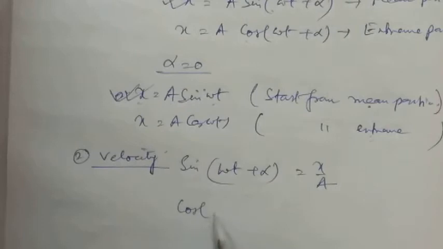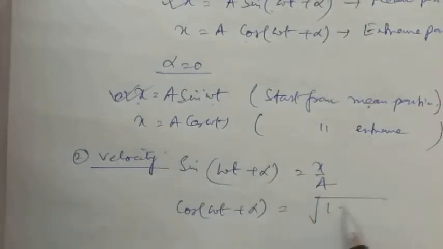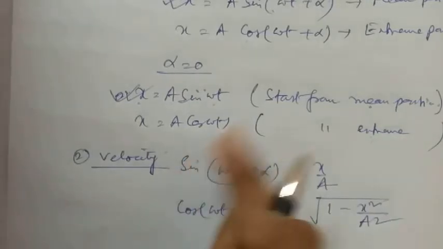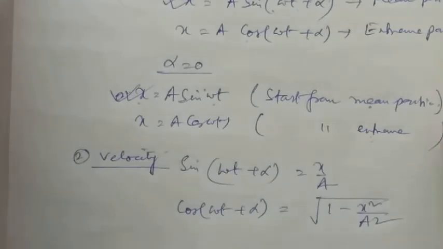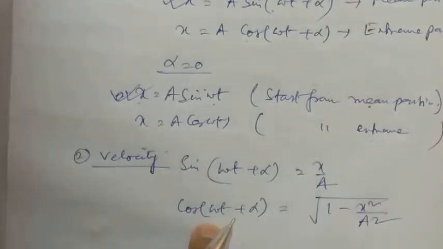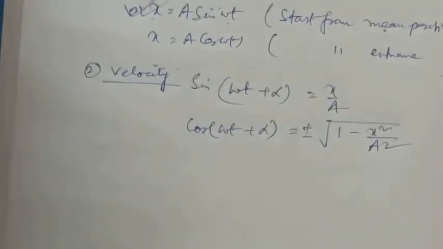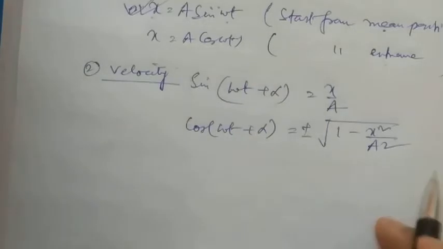Therefore cos of omega t plus alpha is root over 1 minus x square by a square. This relation comes from the trigonometric relation sin square theta plus cos square theta is equal to 1. Replace the value of sine in that equation and find the value of cos. It comes out to be plus minus root over 1 minus x square by a square.